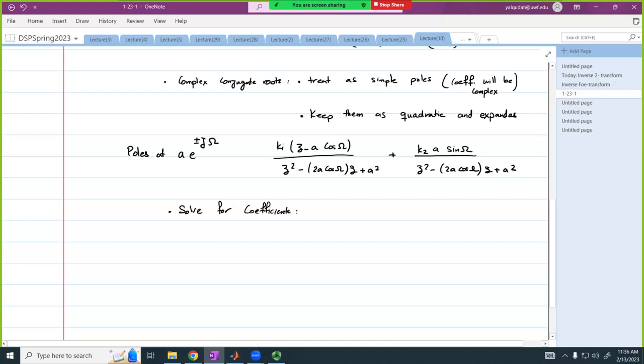How do we solve for the coefficients when we do partial fraction expansion? We can either have a system of linear equations, we can plug in values for z, or we can use the residue theorem.